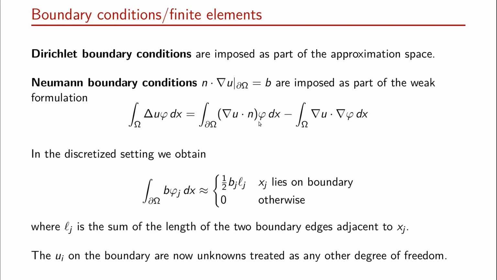Phi can take any value on the boundary. But on the other hand, we have this term here, which we know the value of, right? This is just our boundary condition, so we can replace this by b. And then we get this integral over the boundary of the value that the boundary conditions fix, times a test function.